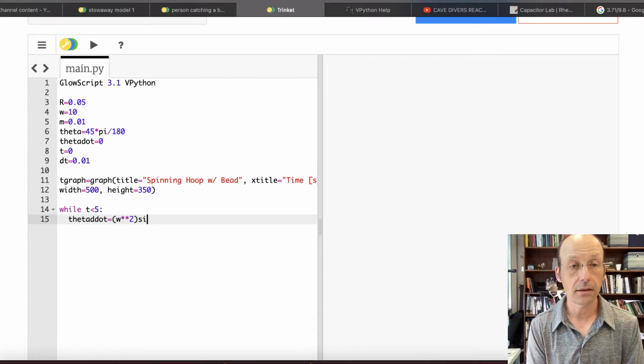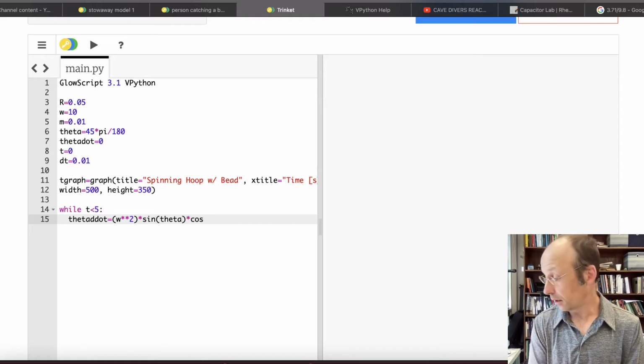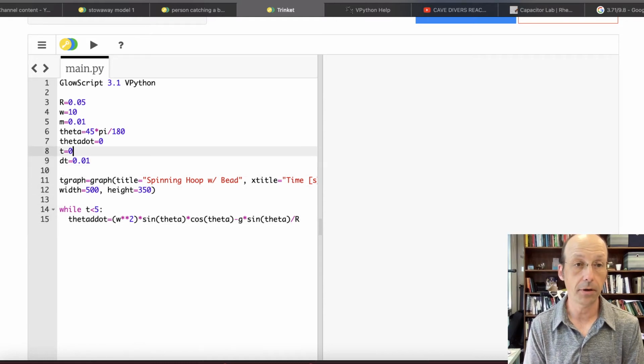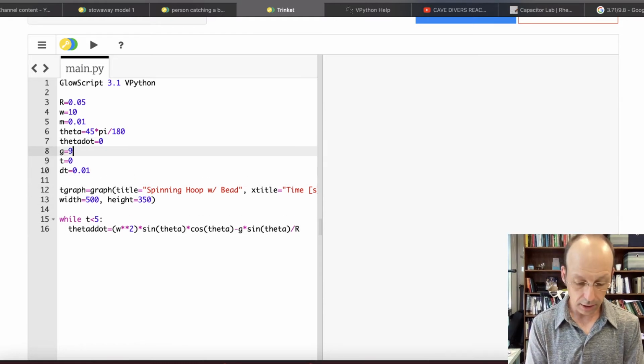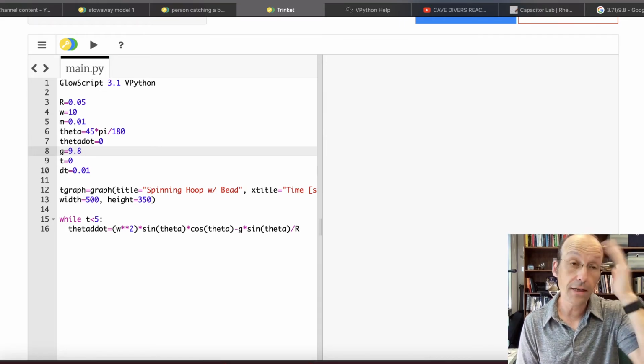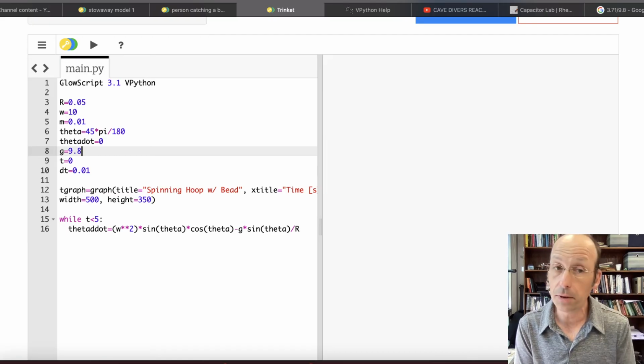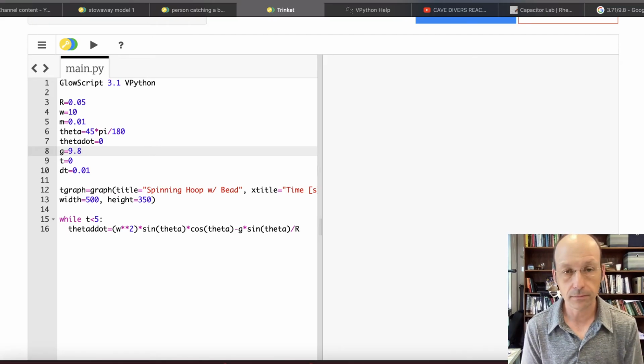Sine theta times cosine theta minus g times sine theta divided by r. And I don't have a g, so I've got to put that up here. g equals 9.8. In this case, I'm using g as a scalar gravitational field, so don't put a negative there. I've already included the negative when I calculate the potential. Okay, so that's theta double dot.